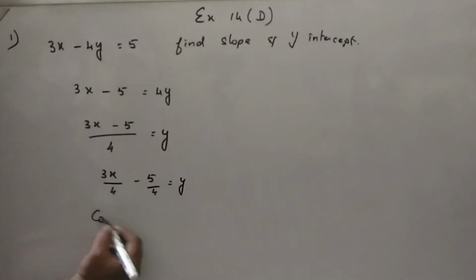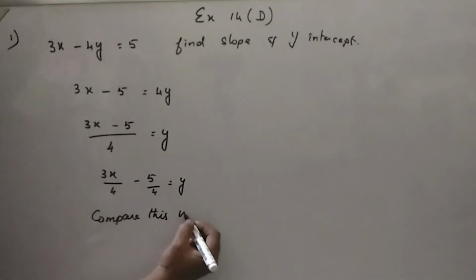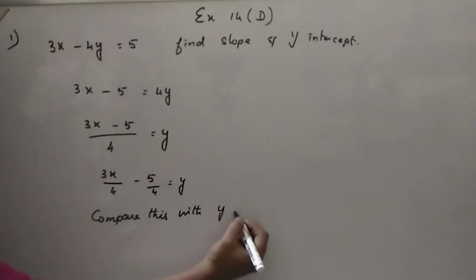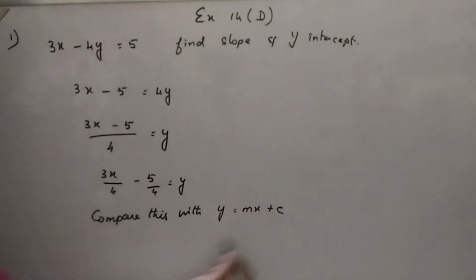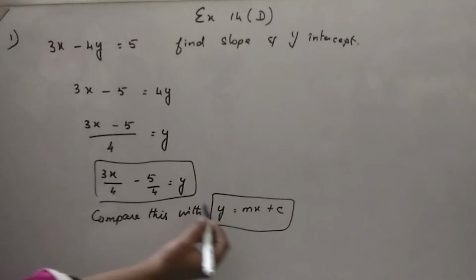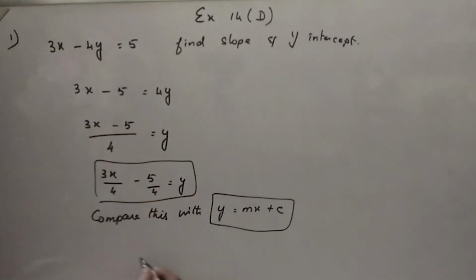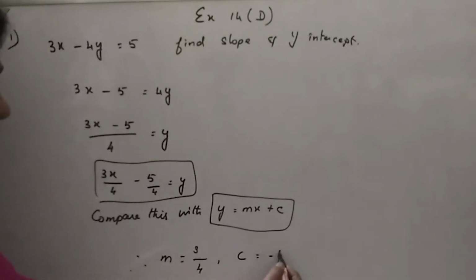Now compare this with y is equal to mx plus c. Compare this equation with this. Now, what is m? Therefore, m is equal to 3 upon 4 and y-intercept is minus 5 upon 4.